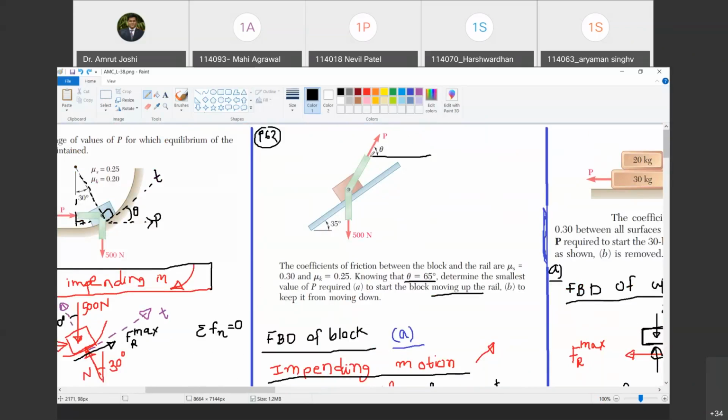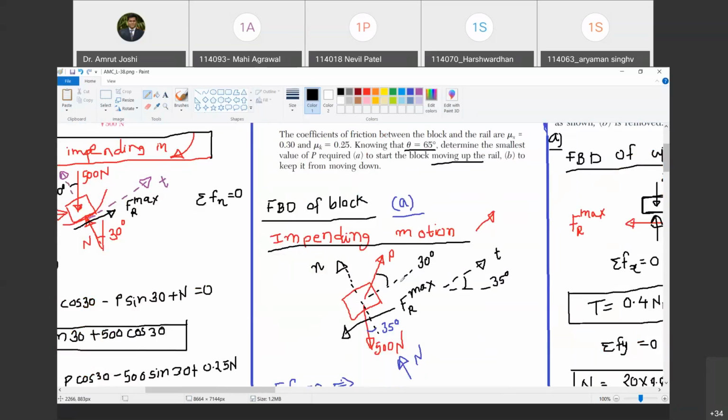Are you with me? Yes, sir. So I have drawn a line parallel to the rail from P. And what is the angle made by rail with reference to horizontal? That is 35. So what is the angle that P makes with rail? Theta minus 35, so 65 minus 35, that is 30. Do you agree with me? Yes, sir. So the angle made by P with tangential direction is 30 degree.